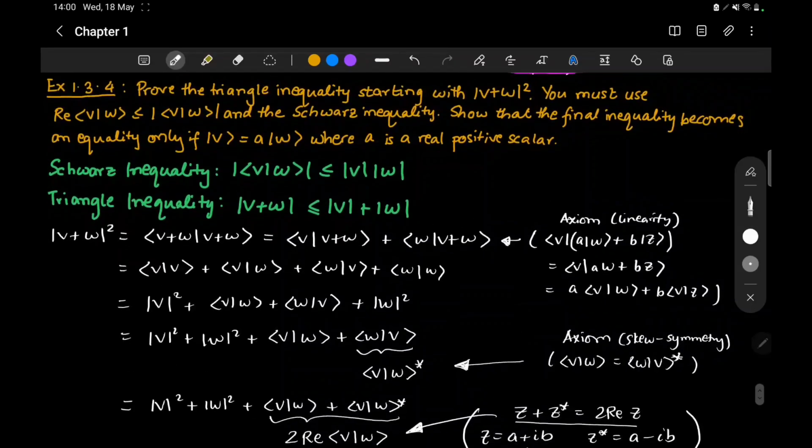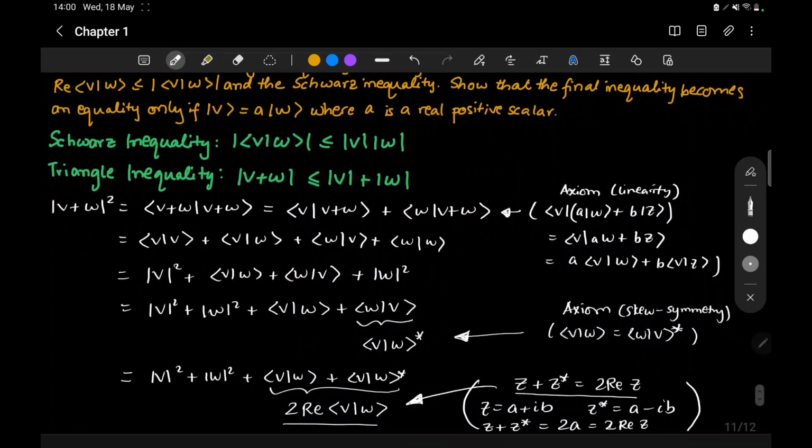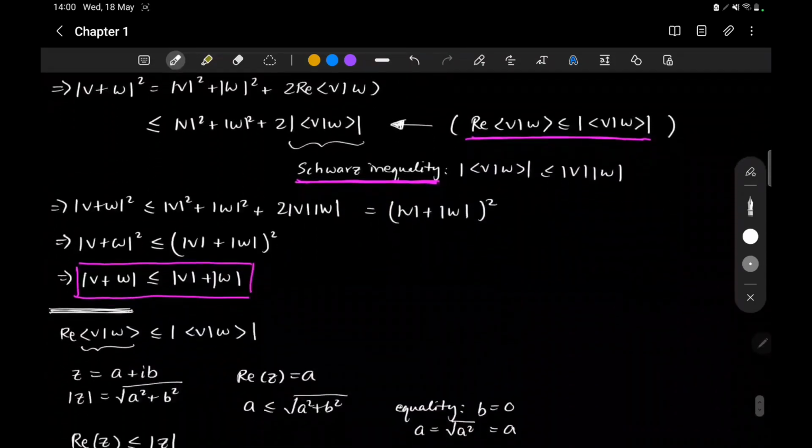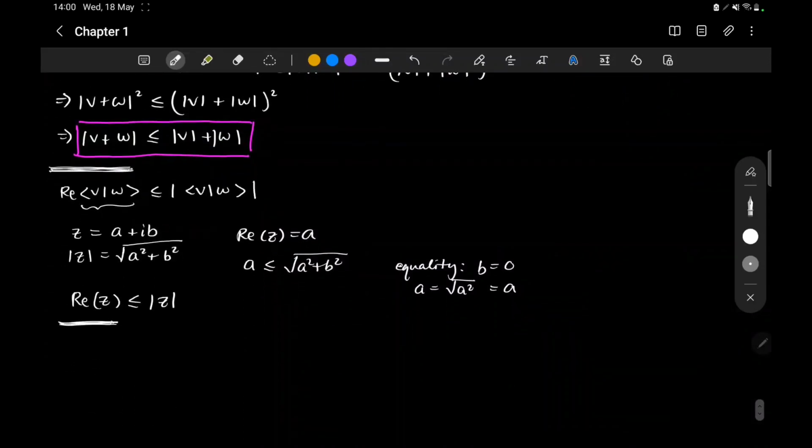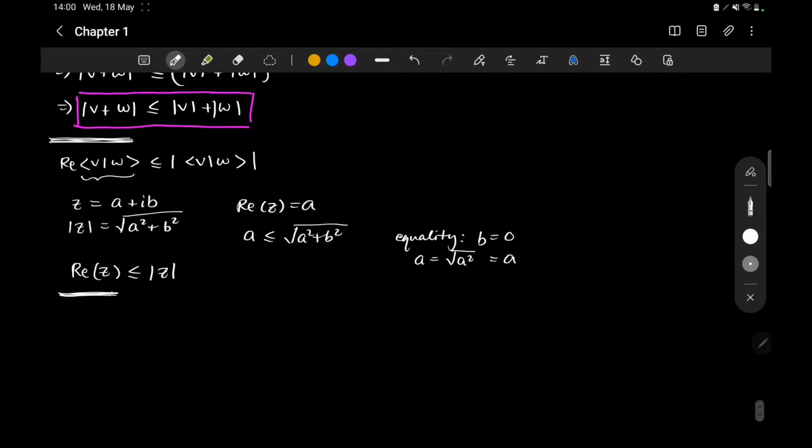Now we did this even in the previous video, in the previous problem, but we will do it over here as well for the sake of completeness. So the next part says that if we have v is equal to a times w, then for this case the triangle inequality reduces to an equality.